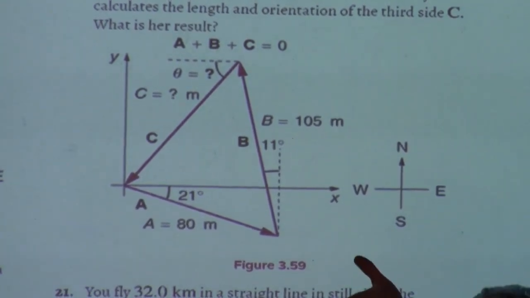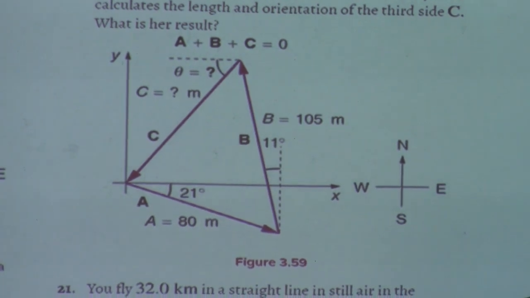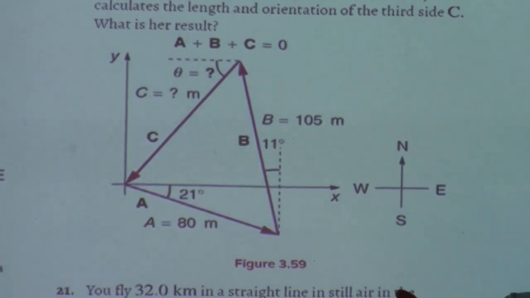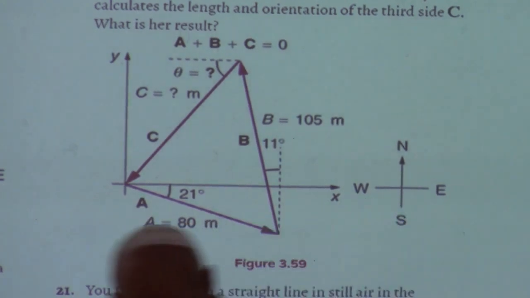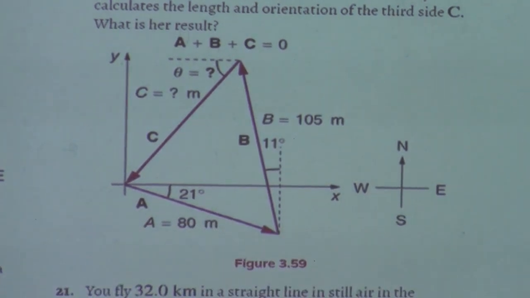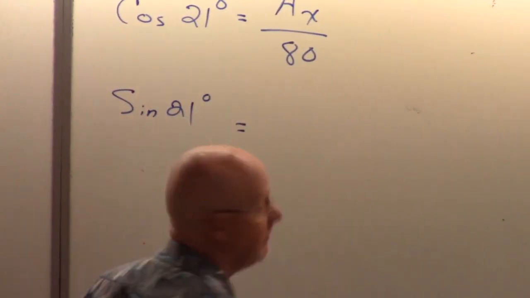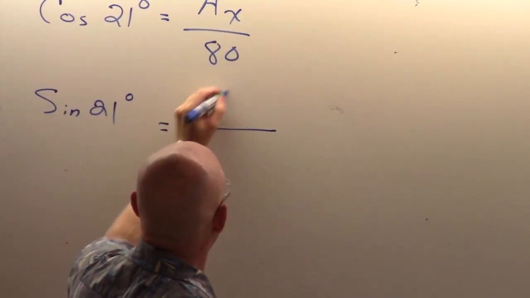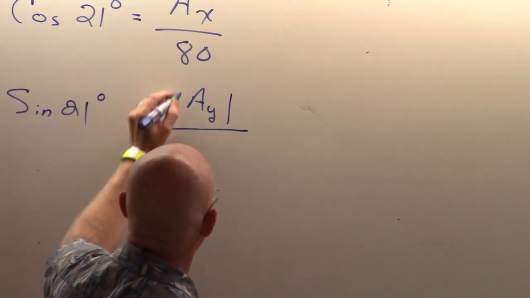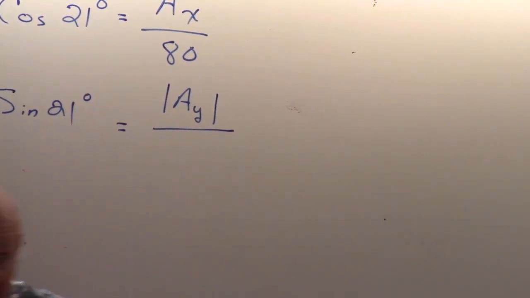But others of you were just looking at its magnitude, but remember it's going to have a negative in it. So why don't I do it where you brought it up? I'll just do the positive 21, but keep in mind that if I do sine of 21, then what we're talking about is the size of AY. AY goes down. Did you see that in the picture?